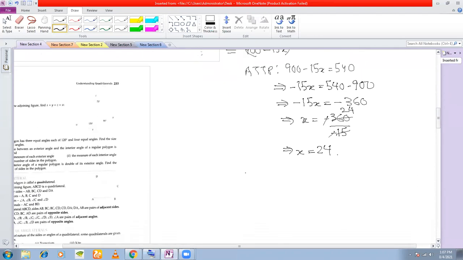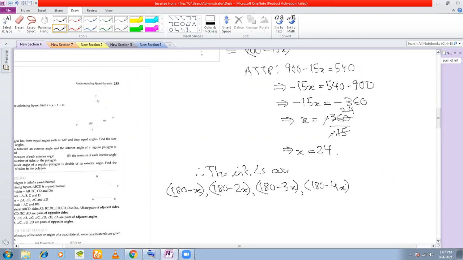So what are the interior angles? Therefore, the interior angles are: the first interior angle is 180 minus x, right? What was the next one? 180 minus 2x. Next one was 180 minus 3x. Then 180 minus 4x. Then 180 minus 5x. Which is equal to, put the value of x, 180 minus 24.